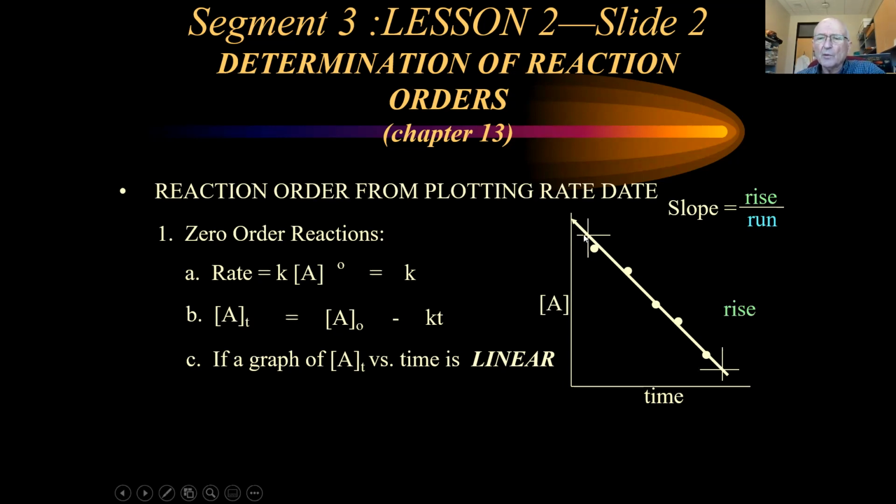Now, I'm being a little more precise here because I want to tell you, do not use any 2 of your data points to calculate the rate, not even 2 data points far apart. What you're looking for is you draw the best fit straight line between your data points, and then you look over on the left top and see if you can find a place where the line you have intersects the vertical and horizontal grid lines.